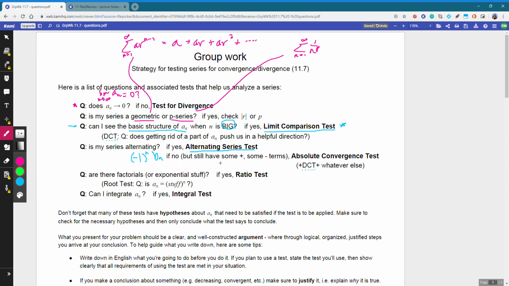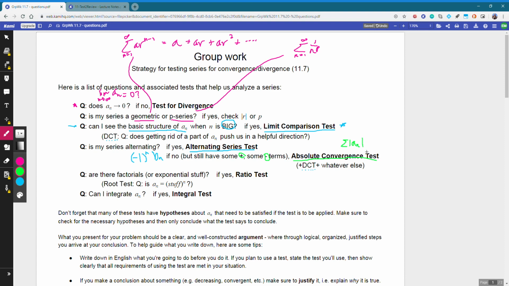If it's not alternating, but we still have some positive, some negative stuff, that's when we can bring out the absolute convergence test, right? And the idea here was to look at the series where we take the absolute value of our terms, and we'll try and show that that thing converges.